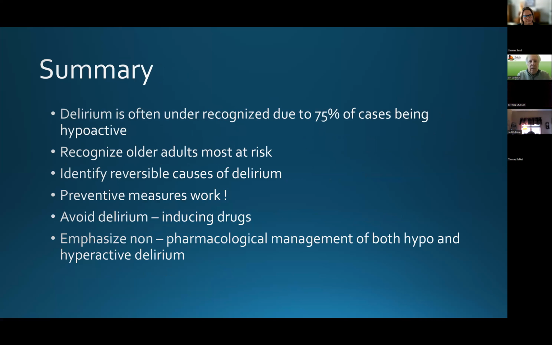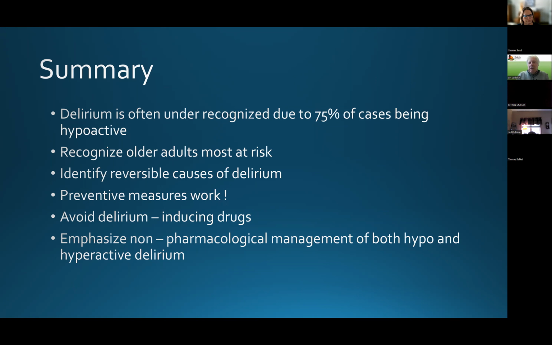sodium. So to summarize here, I just want to mention that delirium is often under-recognized, so we have to have a high vigilance. And most of the cases are hypoactive versions of delirium. Age, chronic conditions are risk factors for delirium.